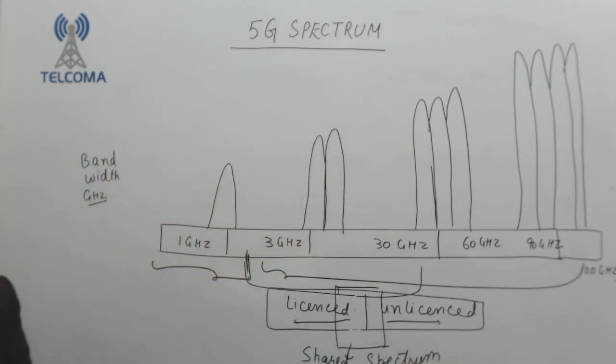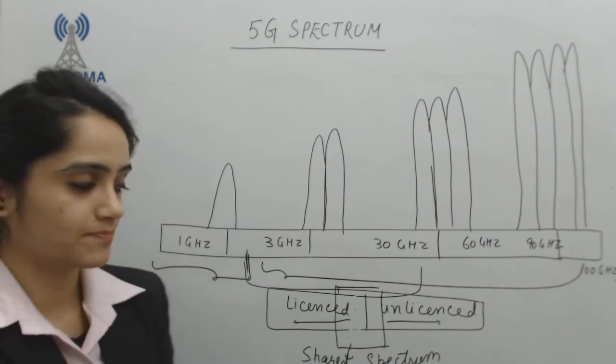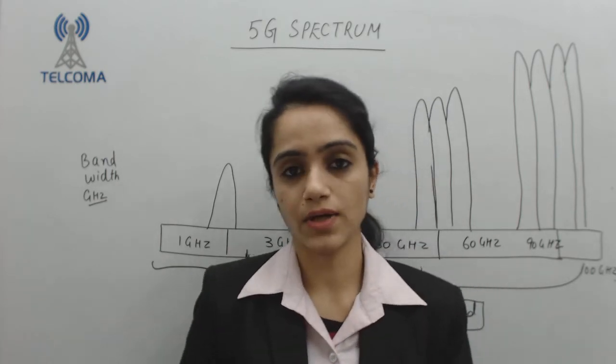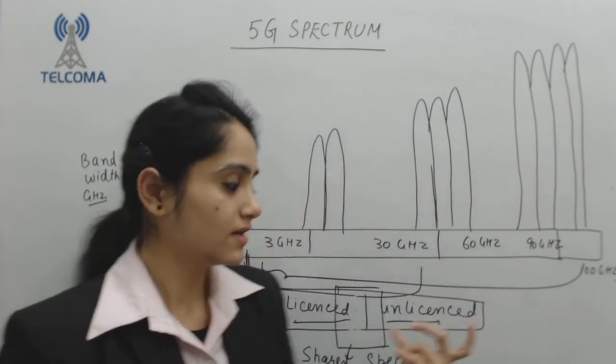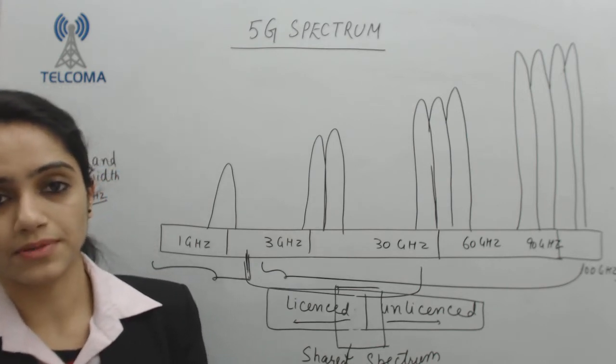Because my aim is to increase the capacity and to increase the speed. So licensed and unlicensed spectrums are combined together, so we can have the speed we want, that means up to 10 gigabit per second.